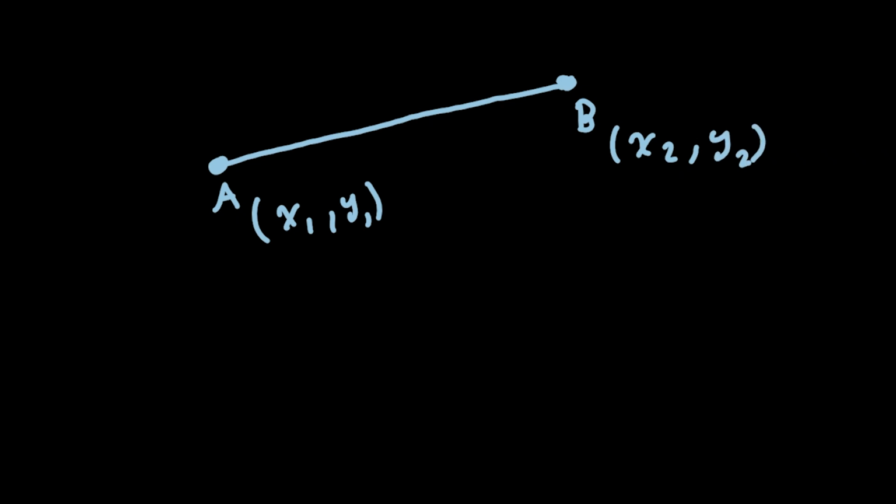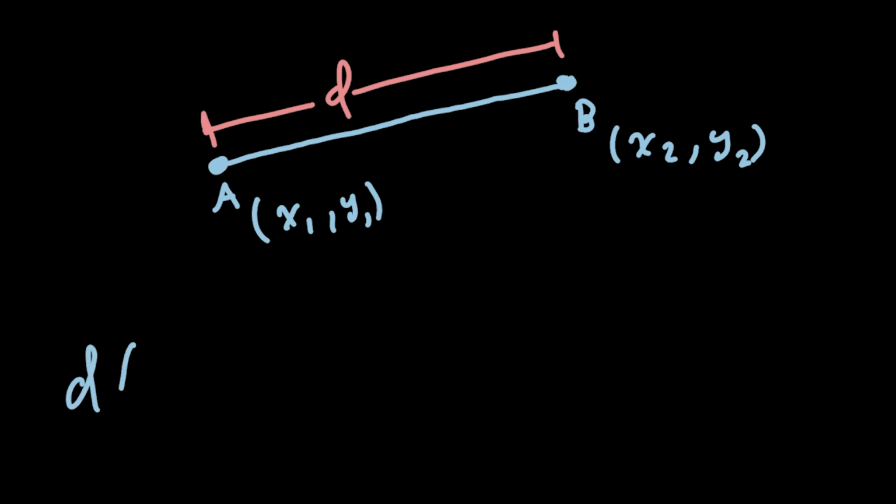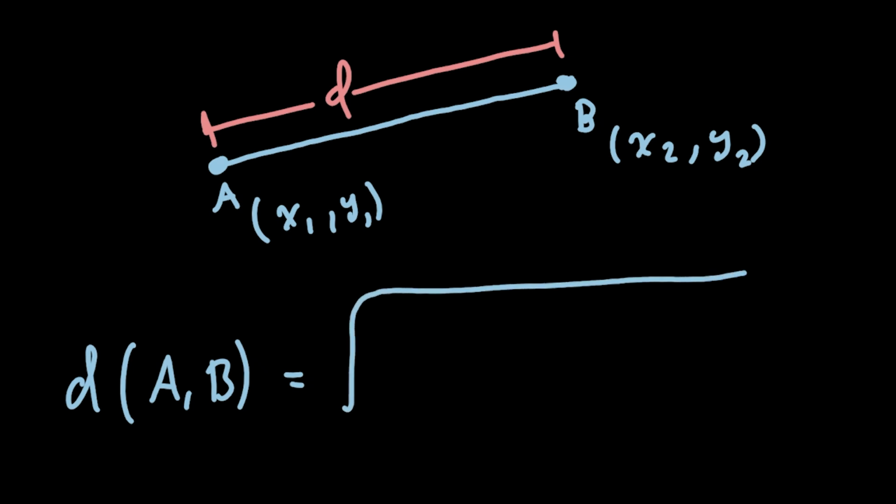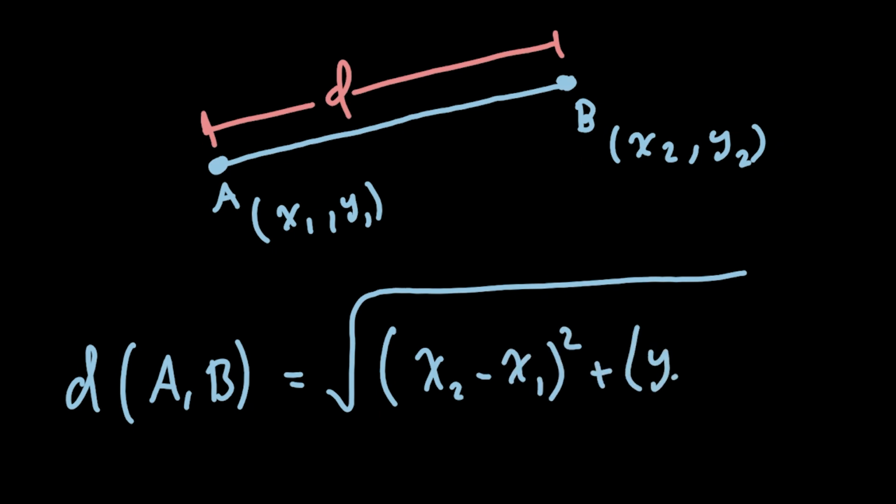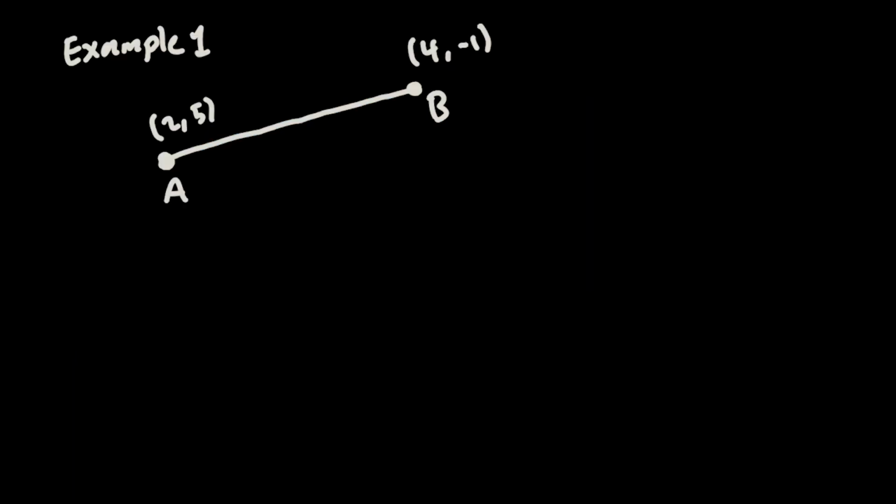To find this distance, we will use this formula. The distance between A and B equals the square root of (x2 minus x1) squared plus (y2 minus y1) squared. Let's see an example.